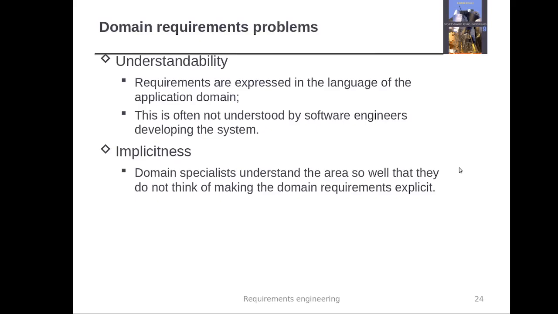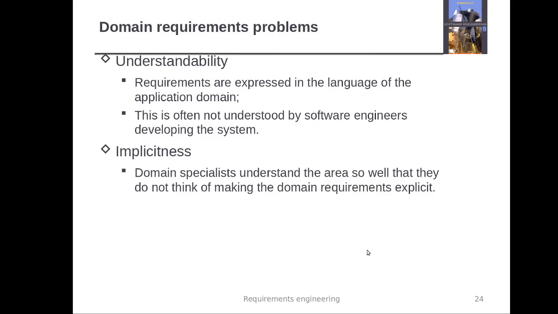Okay, they should make everything clear, but some of the things they feel, yeah, it is understood. In different weather conditions, it should have different behavior, it is understood. But software engineers actually will not take it like that. We want everything explicit. Okay.